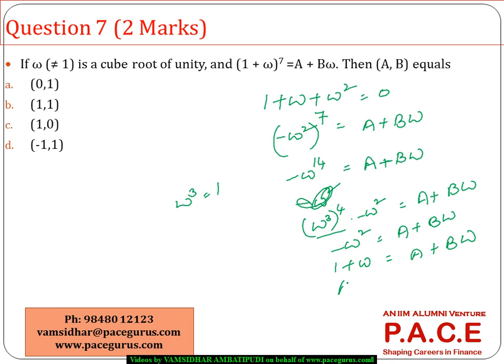So a equal to 1, b equal to 1, which will give me that B is the answer choice in this case. I hope this is a straightforward problem. All you need to remember is some of the formulas associated with the complex numbers itself. Alright, let's move on to the next question now.